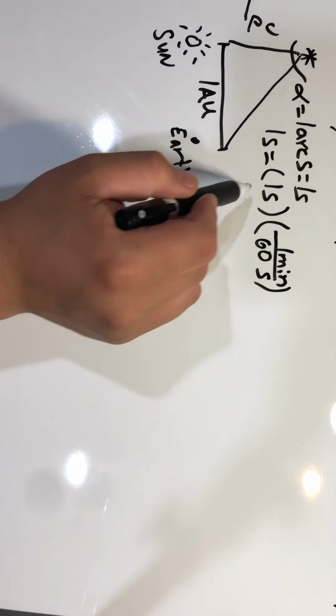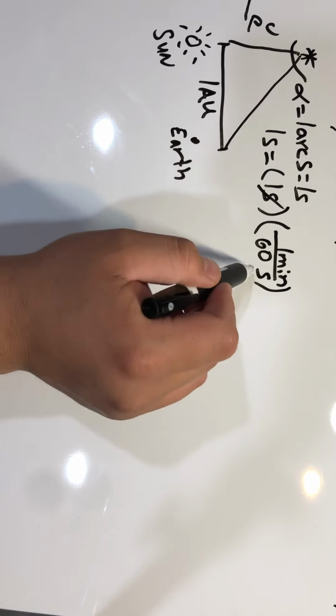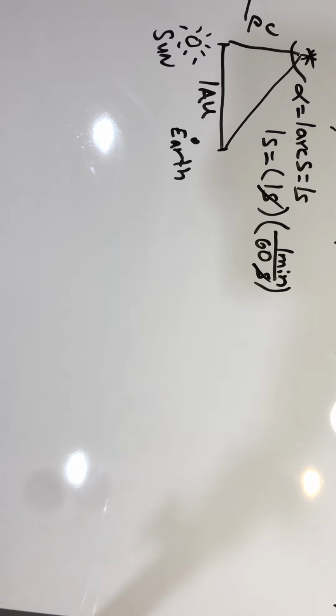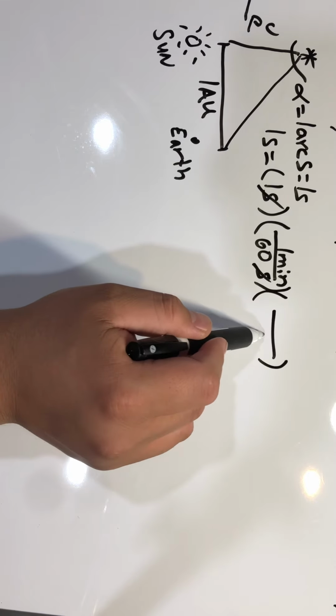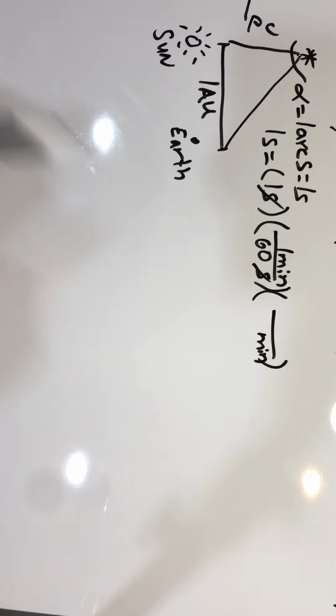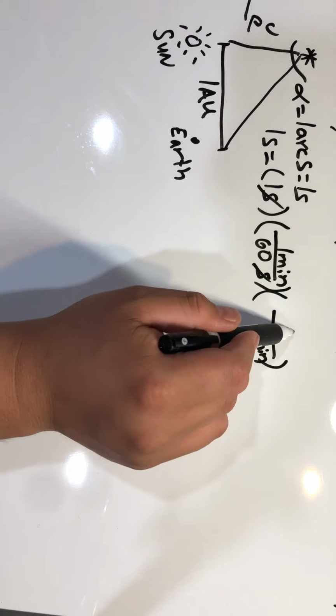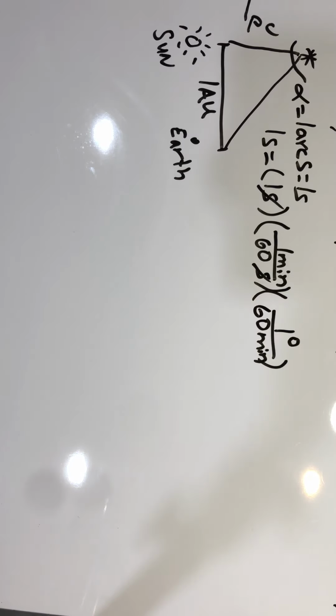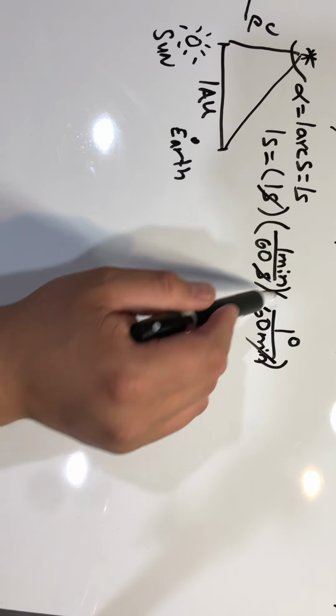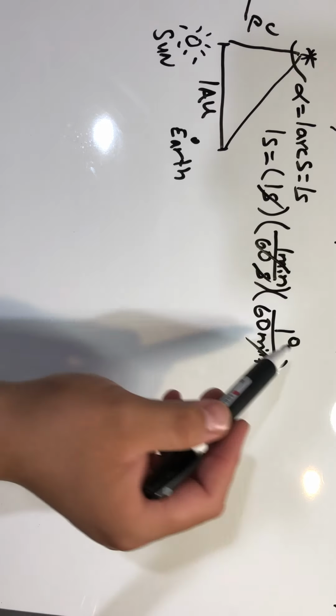So as you can see, that's canceling out the seconds, and we end up with minutes. But now we want to get rid of the minutes, so there's going to be another fraction right there, and minutes is going to be at the bottom of the fraction, so we can cancel out with the numerator up there. Okay, so 1 degree is 60 minutes. And see, now you can see that I can cancel the minutes, and I end up with degree.